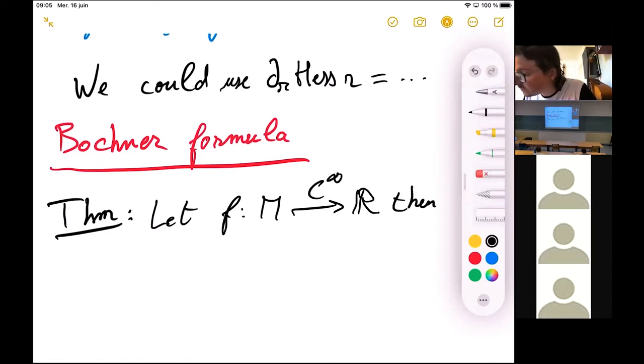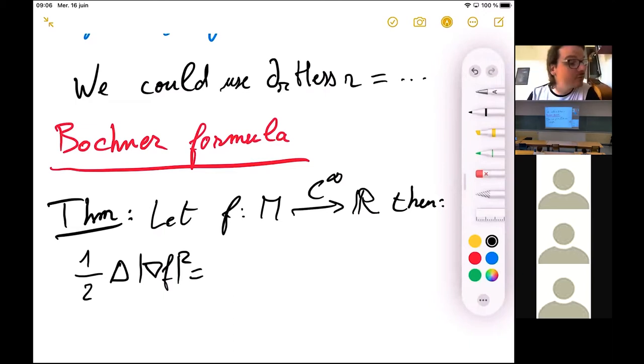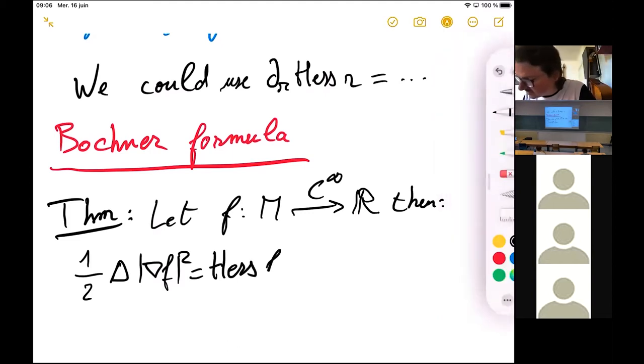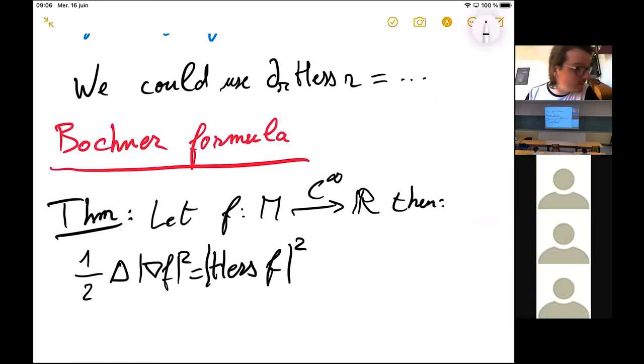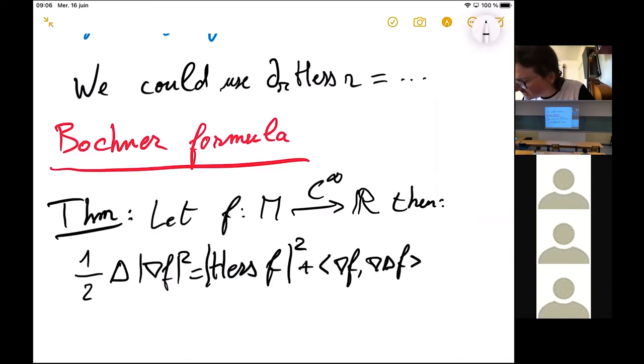Then it tells you how to compute the Laplacian of the gradient squared of any function, and you can get the Laplacian of the gradient afterwards if you want. This is given by the following formula: you have the Hessian of f squared plus the inner product of the gradient and the gradient of the Laplacian.